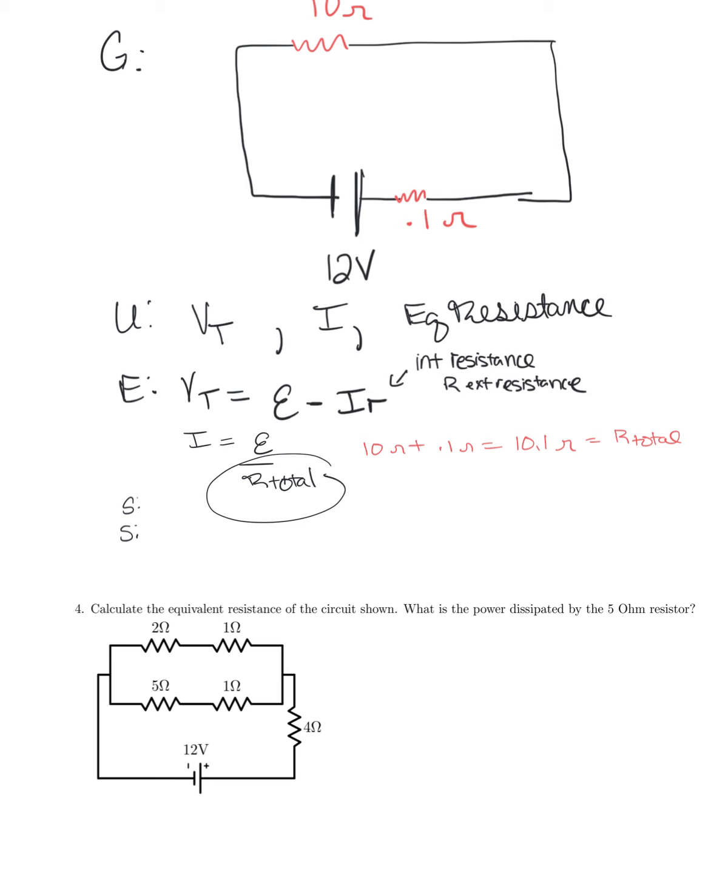So let's go ahead and substitute and solve. And so let's find our I, so that way we can plug that in. So we have I equals EMF, which we know is 12 volts, divided by R total, which we now know is 10.1 ohms. So let's put that in our calculator and see what we get.